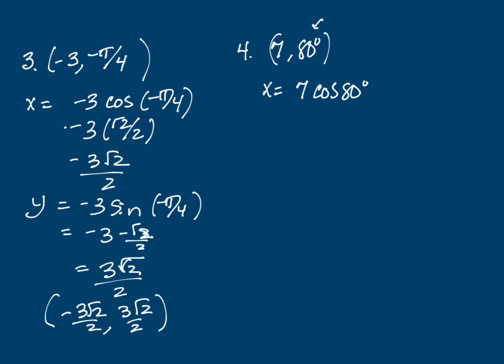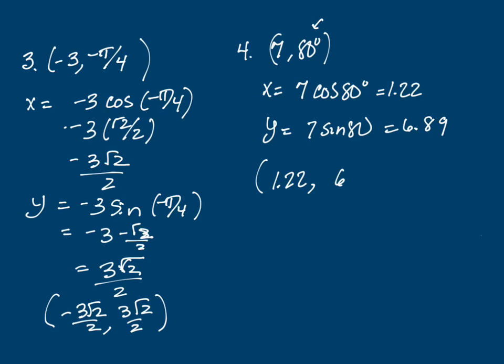So 7 cosine 80, I get 1.22, and y equals 7 sine of 80, and 7 times sine 80 on your calculator gives you 6.989, I guess, if we want to do 2 digits. So our coordinate would be 1.22 and 6.89.